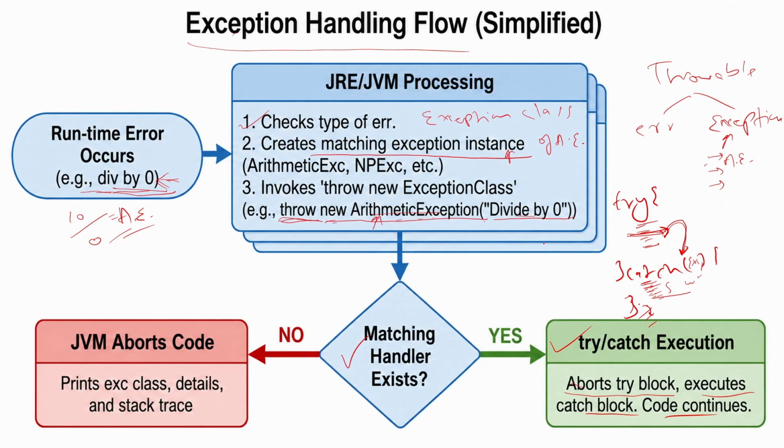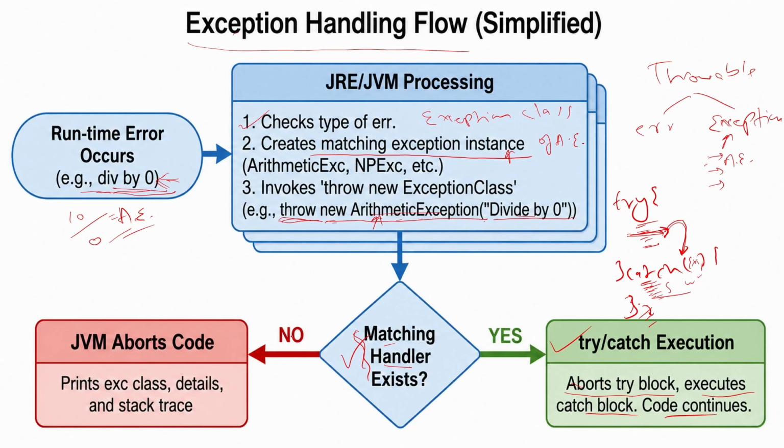Okay, and let's say after finding the matching exception class, Java tries to find the matching handler, and suppose it does not find the try and catch block or any handler. So we are not handling; the programmer has not provided any exception handling.